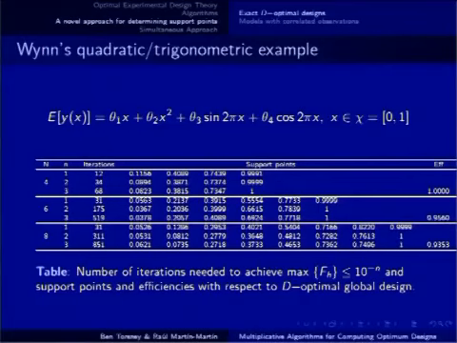Maybe less satisfactory here is that if you go to n equals 8, which is a multiple of 4, the hope would have been that we would have converged to the global optimum. This hasn't quite happened, although we have found a design with high efficiency.